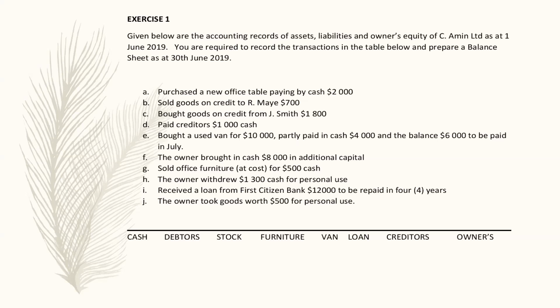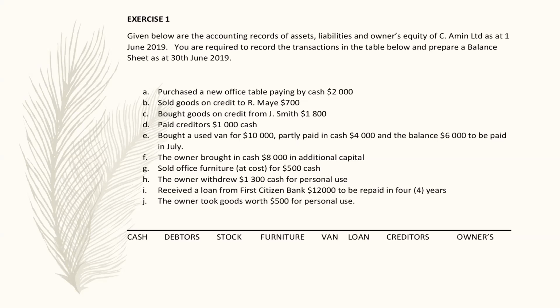You all can simply put your headings the way I have it here. I hope you all will have a calculator nearby. Every time you're doing accounting, you must have your calculator.